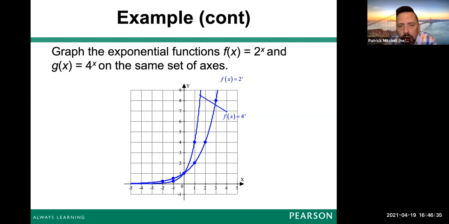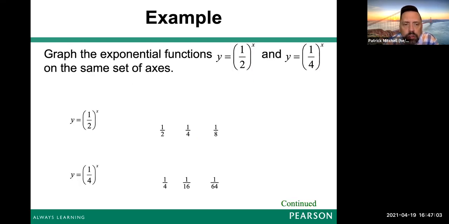And to the right of the point (0, 1), the graph of g of x is steeper than the graph of f of x, and that's because the y values on the g of x graph are increasing much faster. Now, on the other side of the point (0, 1), it's just the opposite. The graph of g of x is flatter than the graph of f of x.